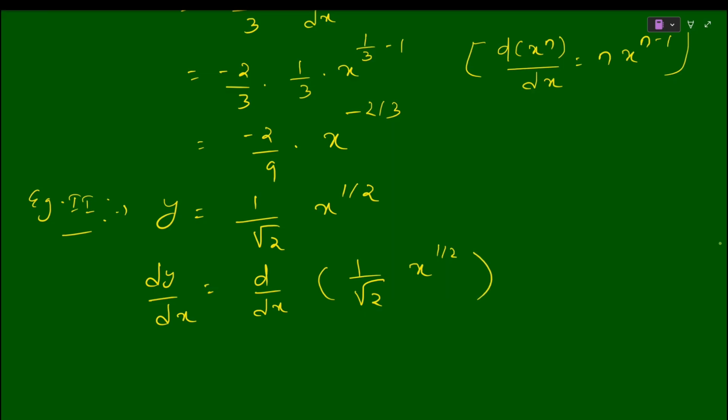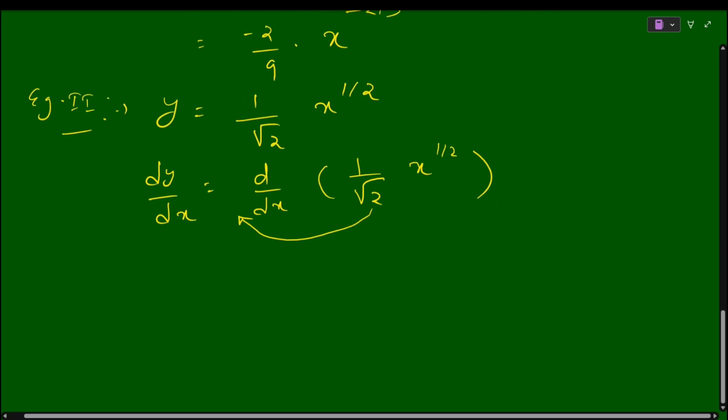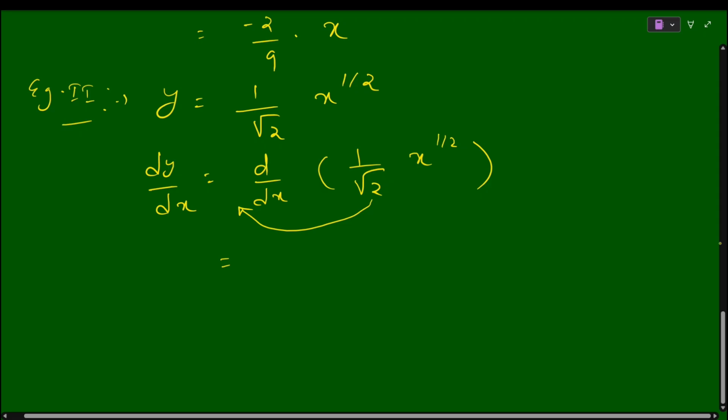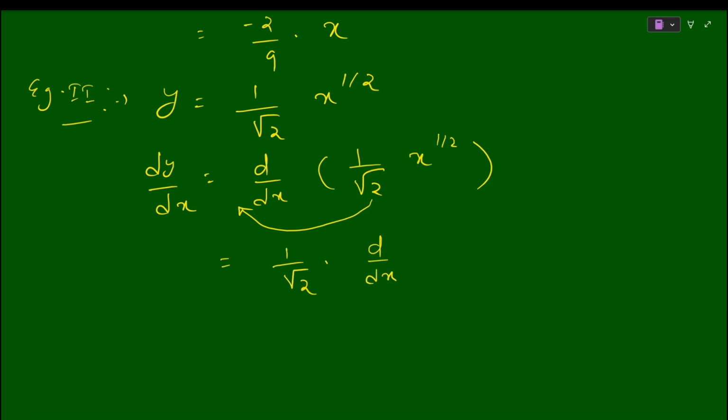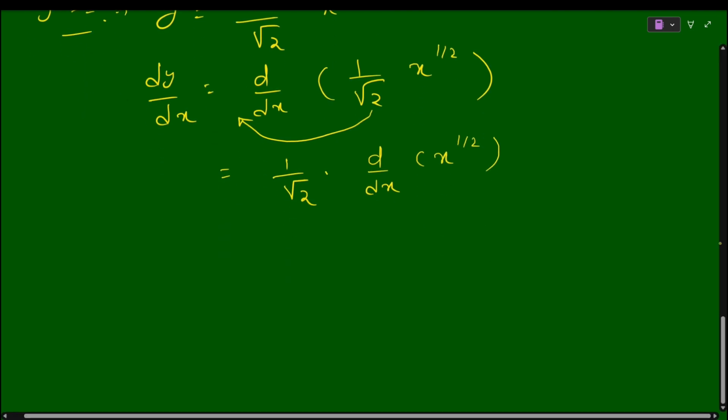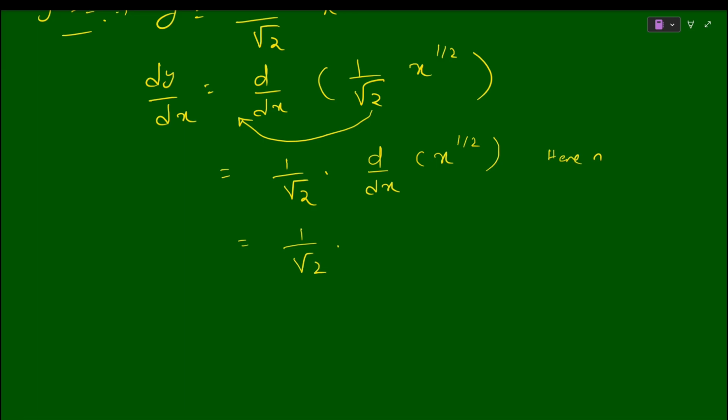The constant is again 1 by root 2, so this constant will go outside of the derivative. Now this value would be equal to 1 by root 2 into d by dx of x to the power half. See here, n value is half.